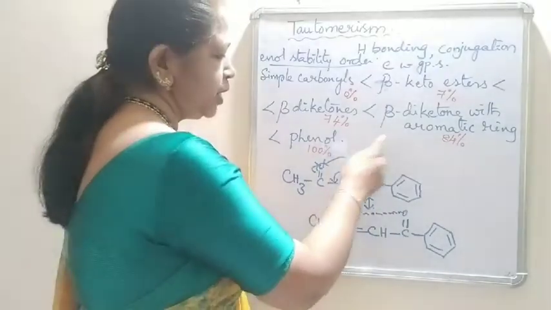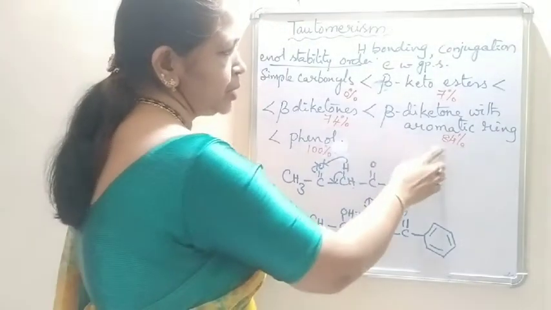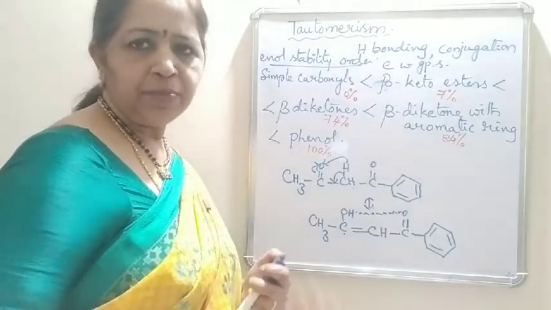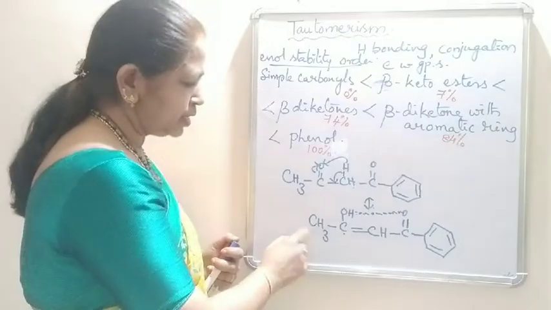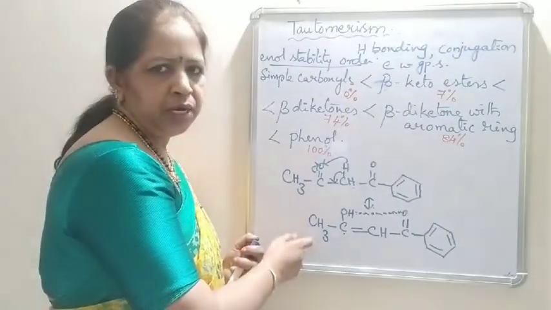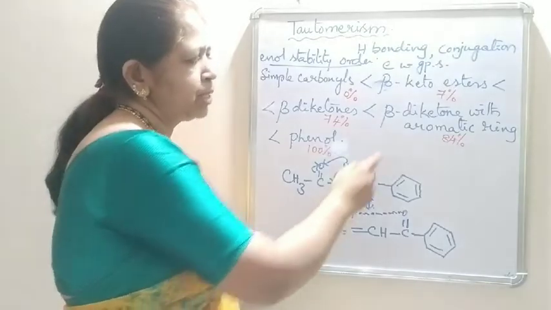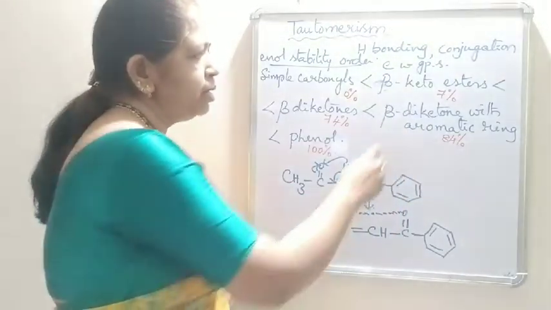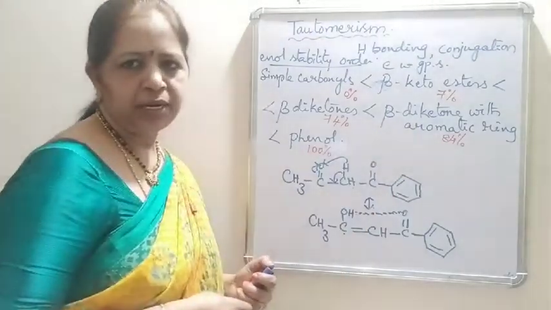So the percentage of enol form is increasing up to 84%. Why is it not increasing to 100%? Because on the other side it has a methyl group which is an electron donating group. So the percentage is only 84% in beta diketones with aromatic ring.